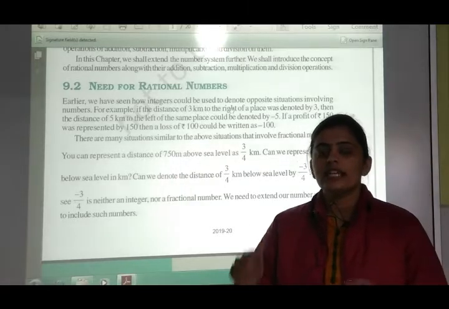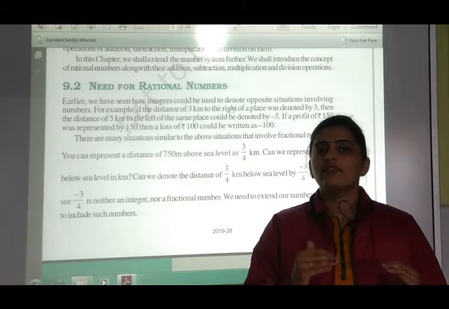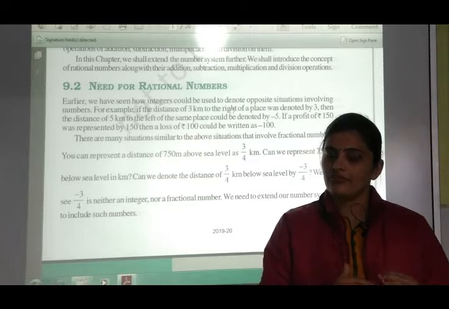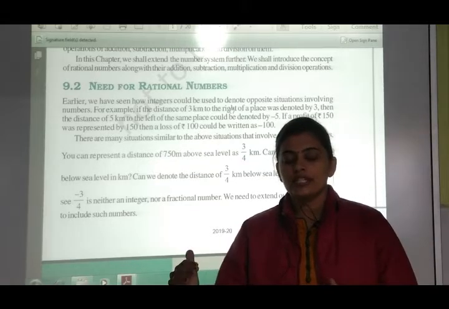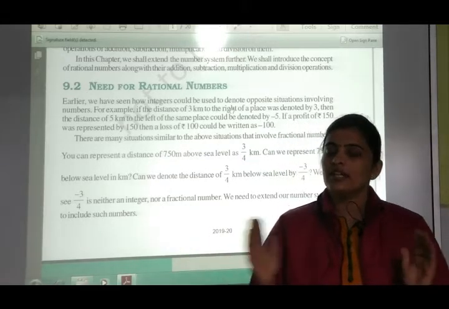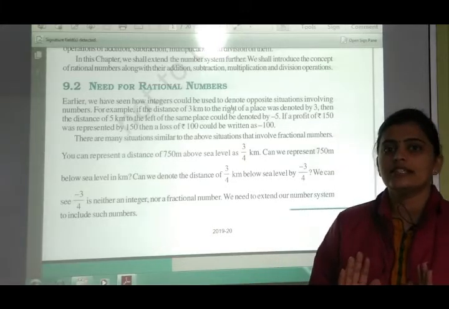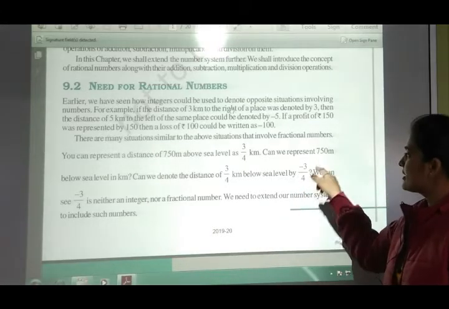Now we have studied that in the integers, the negative whole numbers, 0 and the positive whole numbers, these three bunches are included. Now what about -3 by 4?